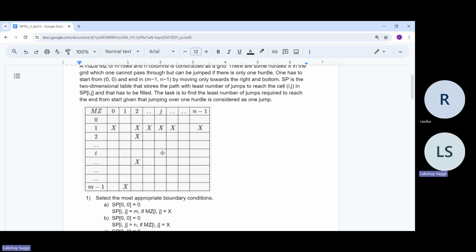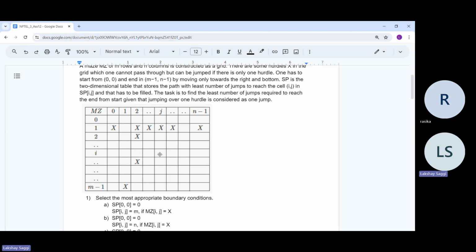Similarly, the second thing may be that I'm coming from the right. And if I'm coming from the right, then there might be a cross here or there might not be a cross here. If there is a cross, then I'll need to jump from I minus 2 to I. And if there is not a cross, then I can just go straightforward from I minus 1 comma j minus 1 to I comma j, something like this.